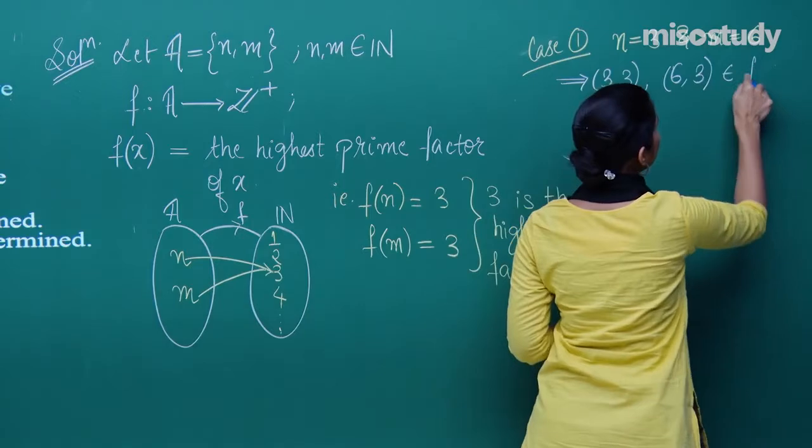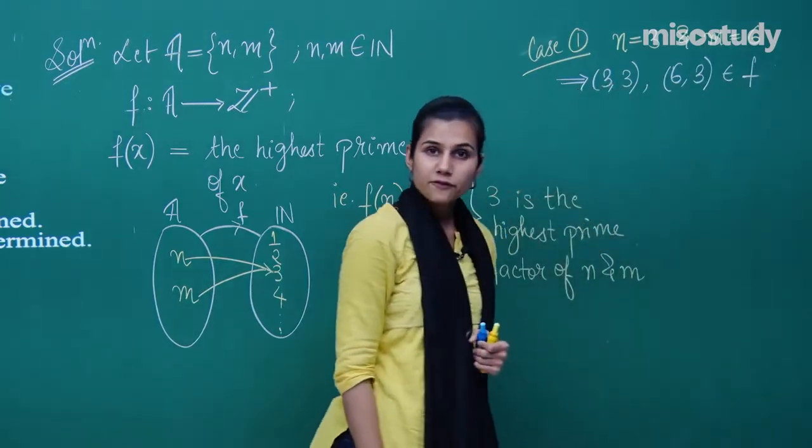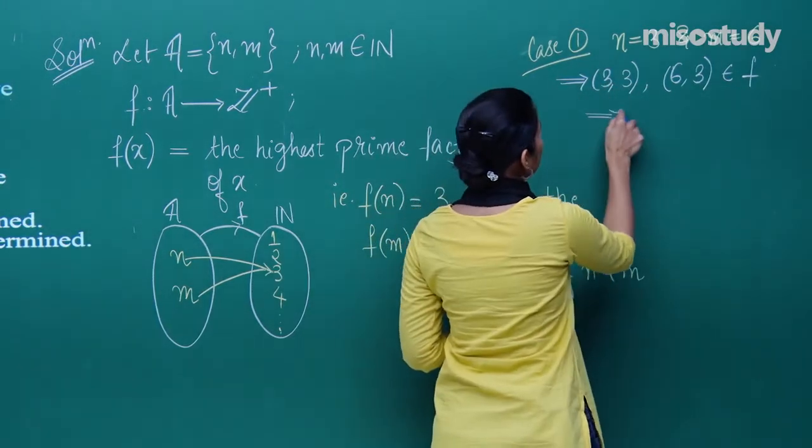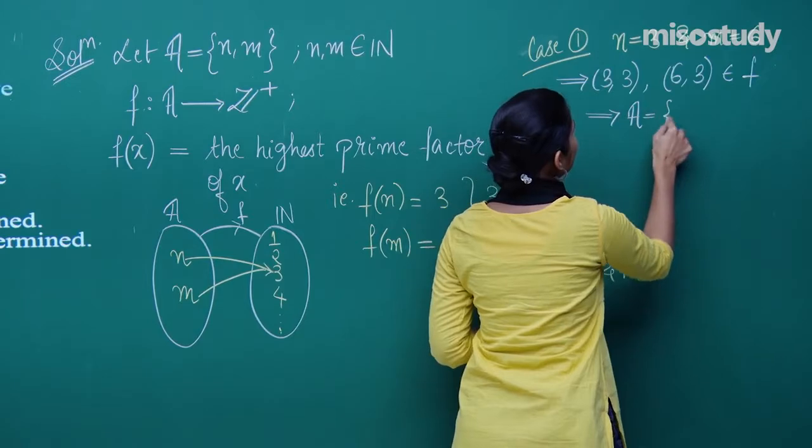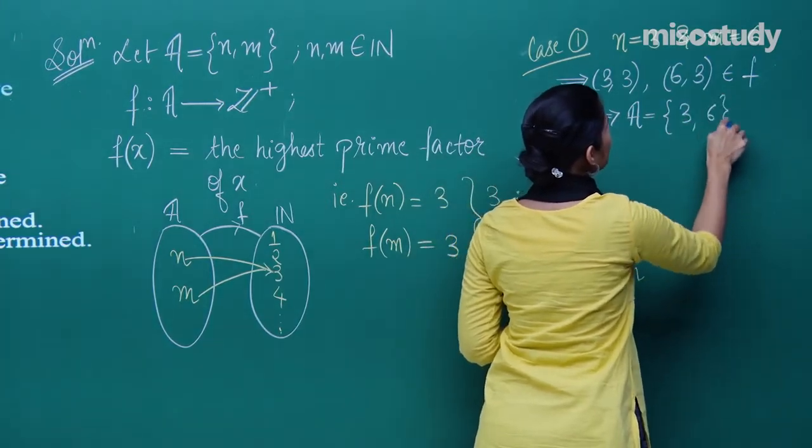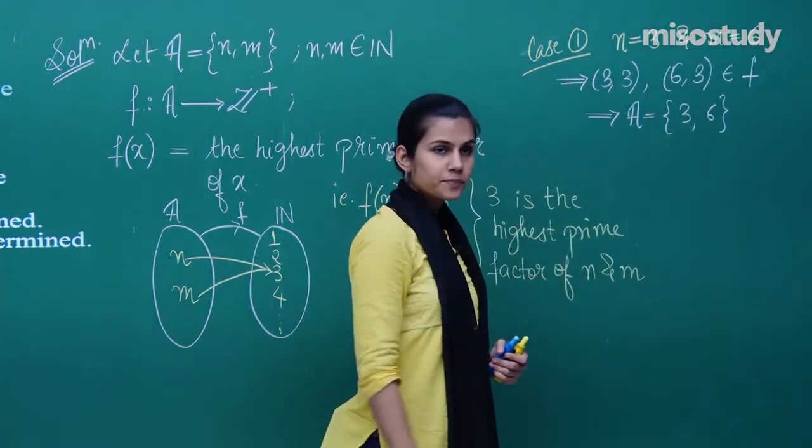Both these ordered pairs belong to the function f, which would imply that my set A happens to be n comma m, which is 3 comma 6.